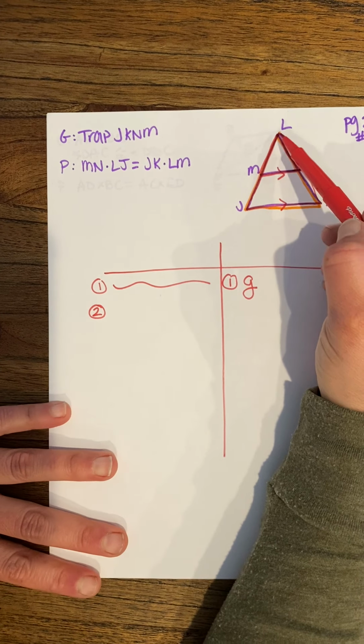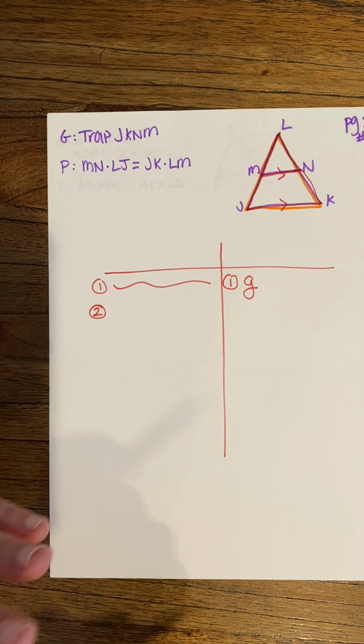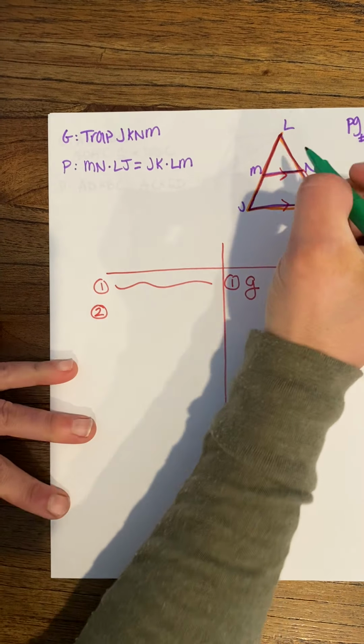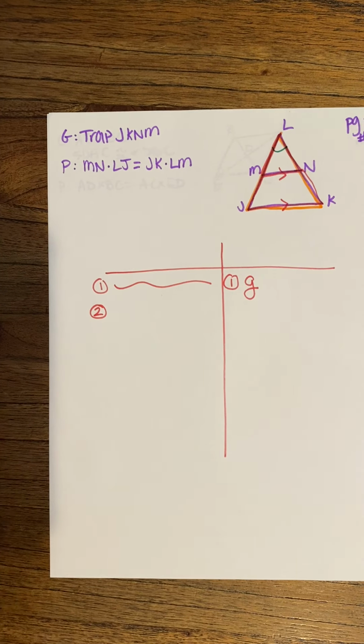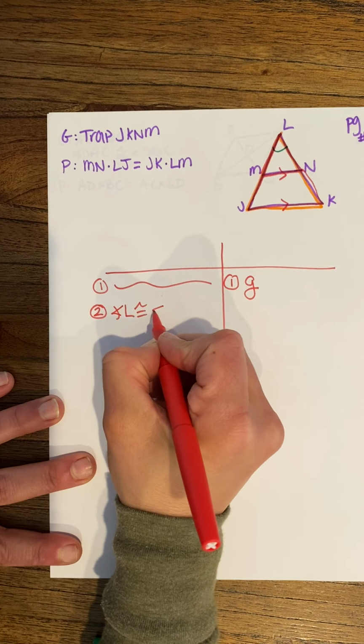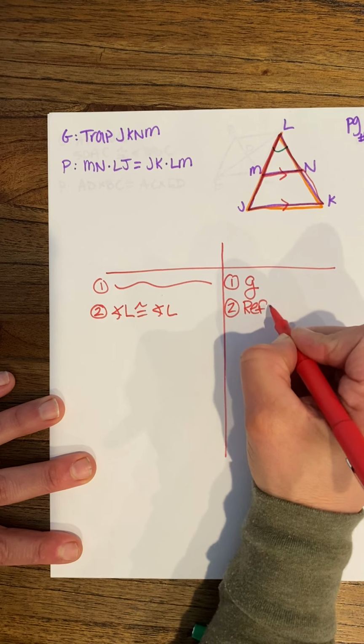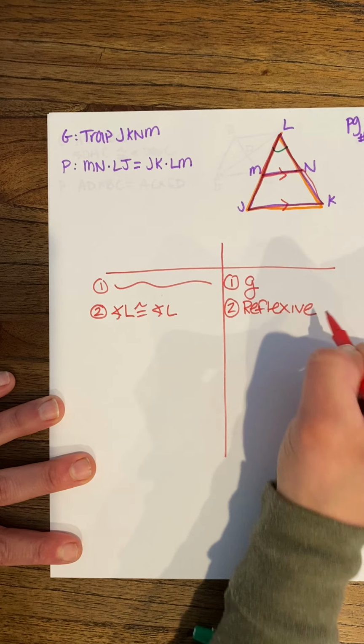First thing, whenever you see a triangle inside another triangle, you should always be looking for a shared angle. Do we see that they share angle L? They both have angle L. So if you want, you could say angle L is congruent to angle L. And that would just be reflexive. Still the same reflexive we've been using all along, okay?